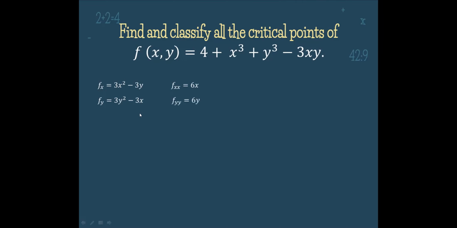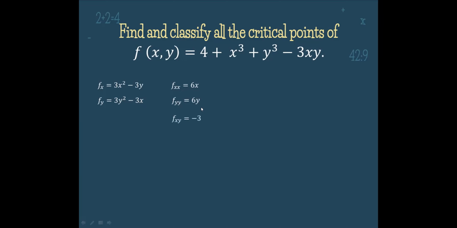Next, for the second order partial derivative of f with respect to y, we have 3 times 2, that's 6, 6y, and of course, negative 3x is 0. So finally, the second order partial derivative of f with respect to y is equal to 6y.